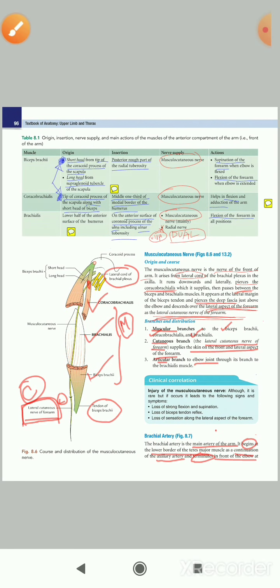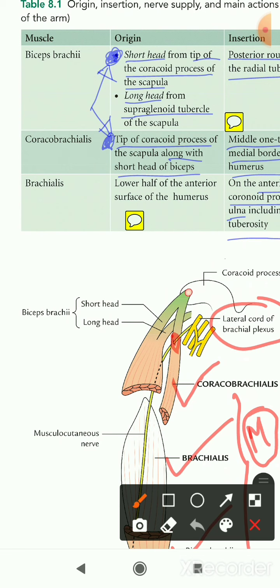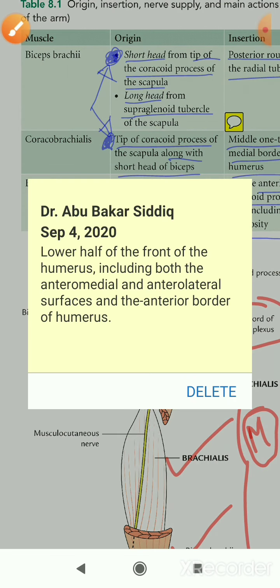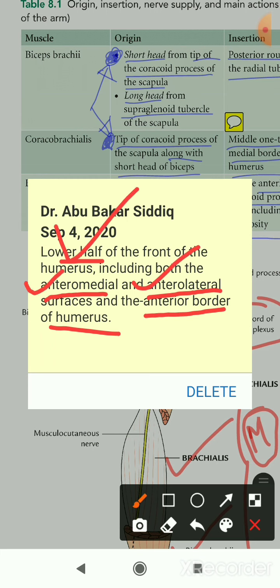Our next muscle of the anterior compartment is the brachialis. So where does it take origin from? It arises from the lower half of the anterior surface of the humerus, or more specifically the lower half of the front of the humerus, including both the anteromedial and anterolateral surfaces, as well as some of the anterior border of the humerus.